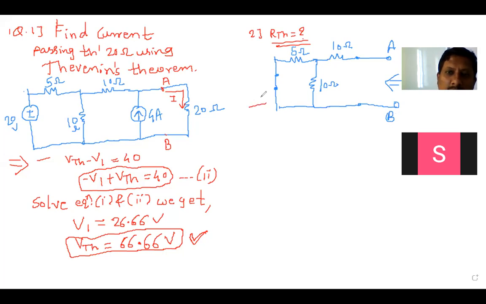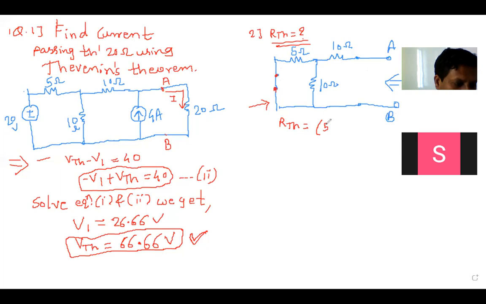So we have to measure from the opposite side. The voltage source has been shorted and the current source we have made open. Okay. And the A and B terminals are already open. So what will be the answer of RTH? How to write RTH here? Measure from the opposite side. Are 5 and 10 connected in series or parallel?